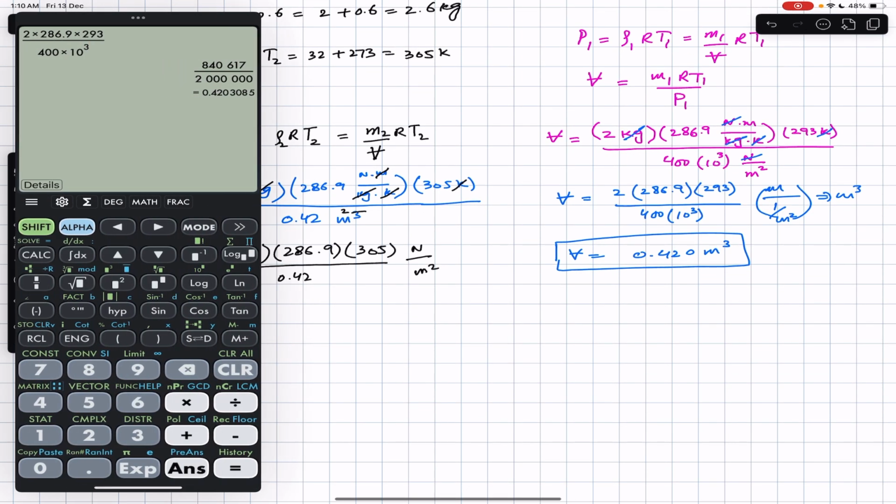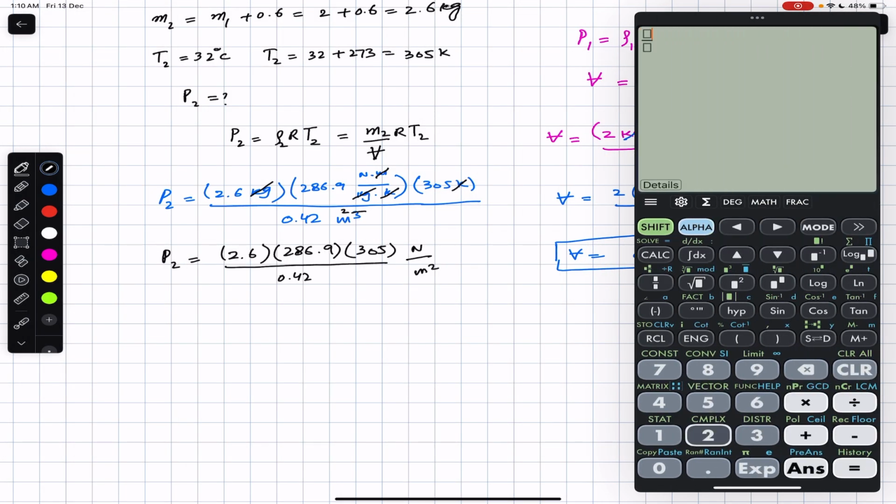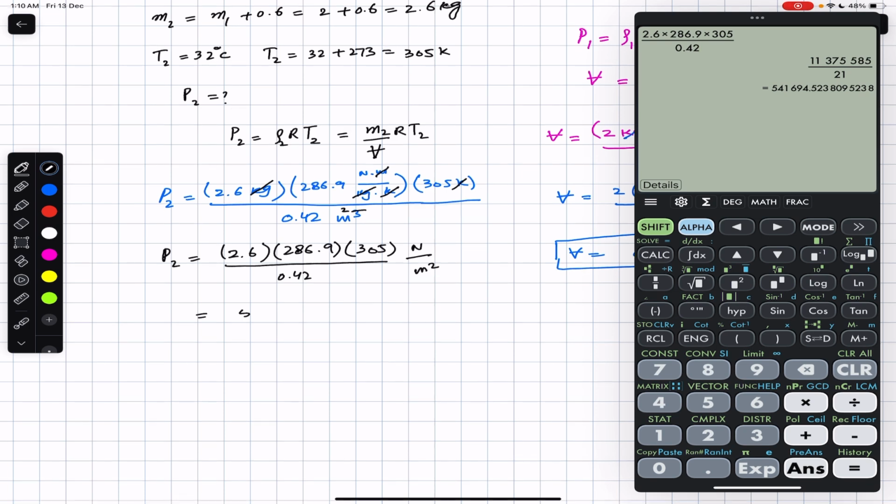So P2 is equal to 2.6 multiplied by 286.9 multiplied by 305 divided by 0.42. So this gives us P2 equals approximately 541,694 Newton per meter square.